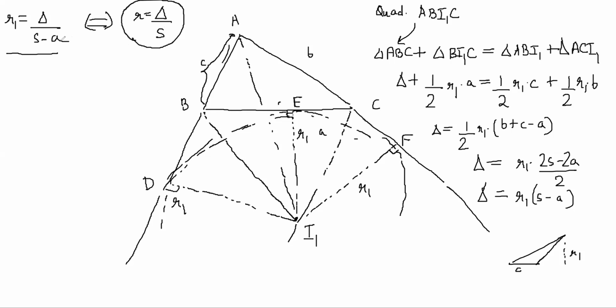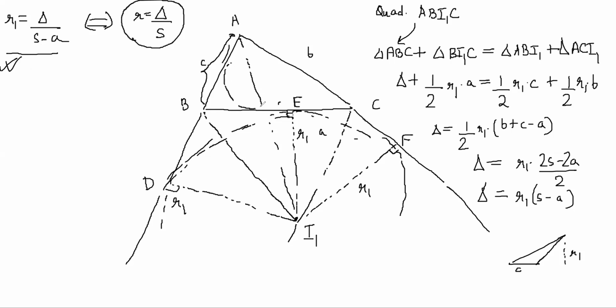Now, which one is greater? Which radius is bigger? It's going to be R1, because s minus a is here, and there is s here, right? So doesn't it make sense? The size of this circle is smaller, no?